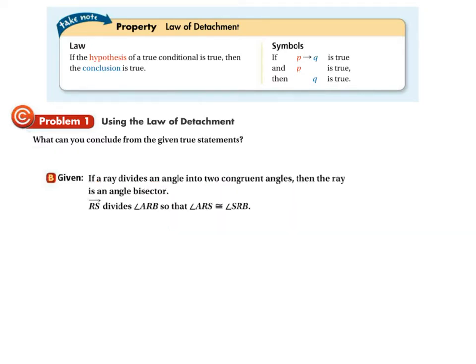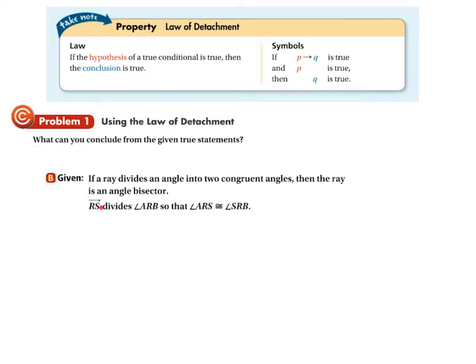All right, so here's another one. What can you conclude from the given true statements? And notice that they're telling you that they're true. That matters. That's how you know. If a ray divides an angle into two congruent angles, then the ray is an angle bisector. That's the conditional statement that we know is true.